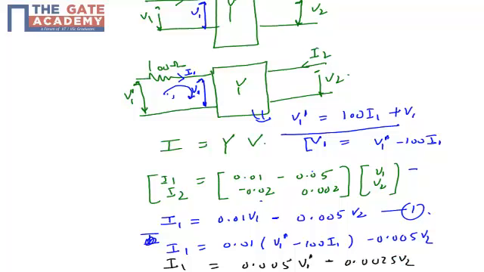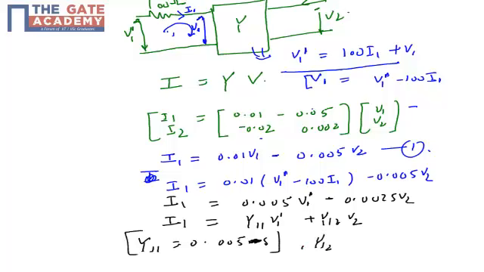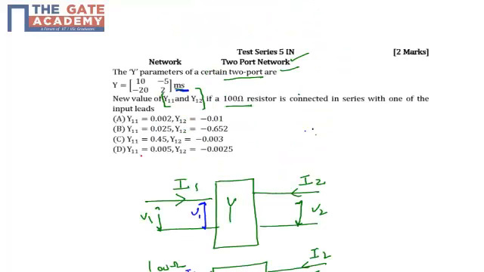If I compare this with the standard equation of the y parameter, I1 is equal to y11 V1 dash plus y12 V2. So my y11 will be 0.005 Siemens and y12 will be minus 0.0025 Siemens.